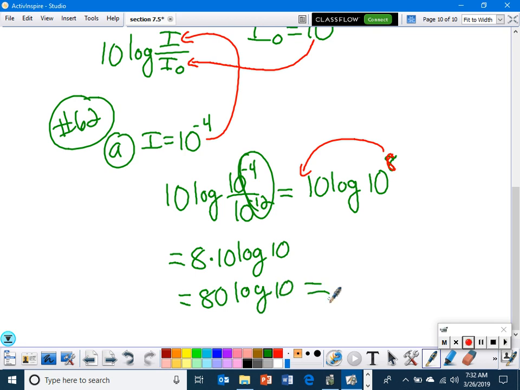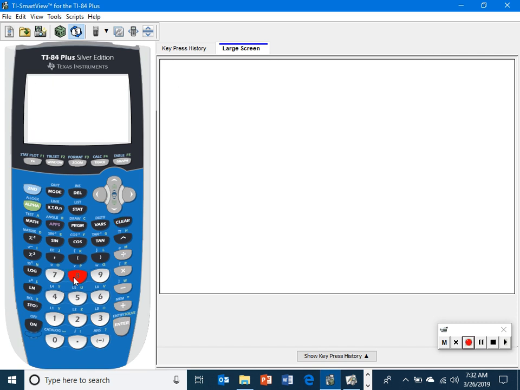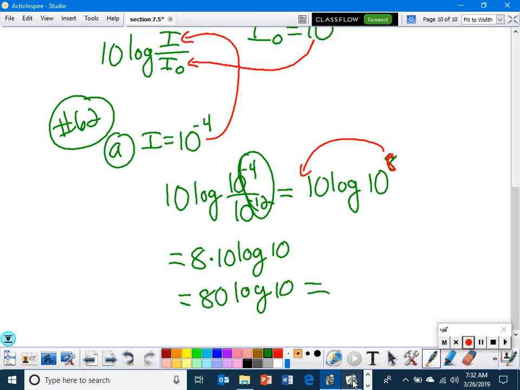Well, that can be typed into the calculator. 80 log 10, and that's just going to be 80. And that's our answer. So the decibel level of a barking dog is 80 decibels.